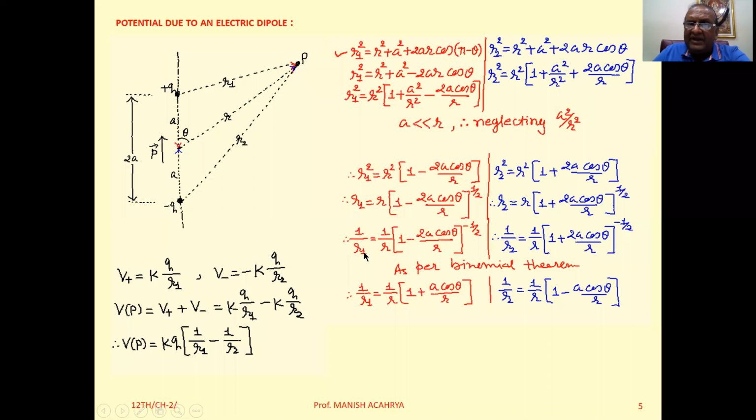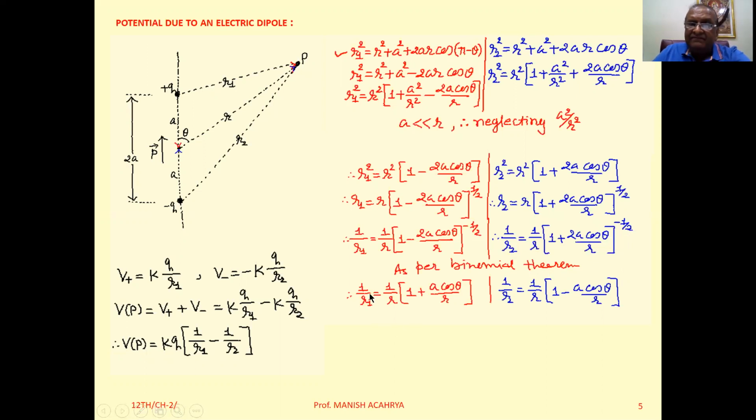So 1 upon R1 is equal to 1 upon R into bracket 1 minus 2A cos theta by R raised to minus 1 by 2. Because we take it down raised to 1 by 2, if we write it in the numerator it is minus 1 by 2. Therefore 1 upon R2 equal to 1 upon R into 1 plus 2A cos theta by R raised to minus 1 by 2. Now use binomial theorem.